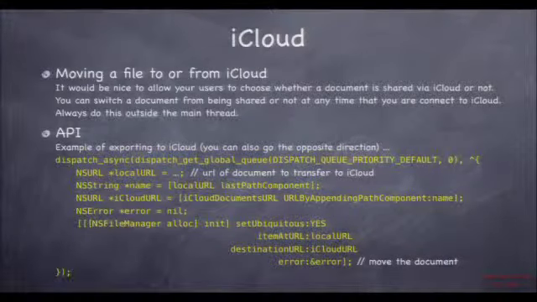So here's an example of doing this. And this is kind of fundamentally coordinated, so you don't actually have to do this within an NSFileCoordinator because you're talking about moving the entire document here. One thing that's new here, the very first line there, dispatch_async.